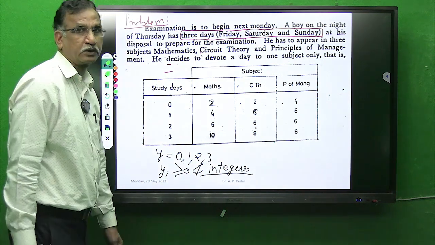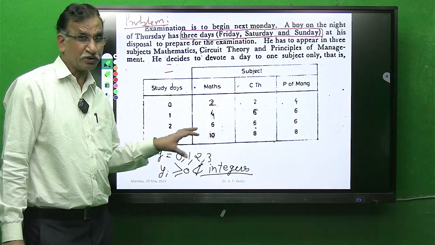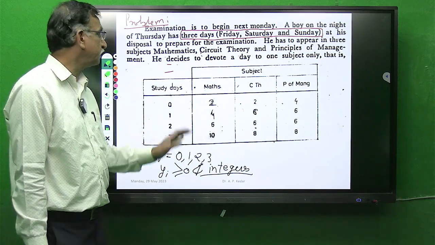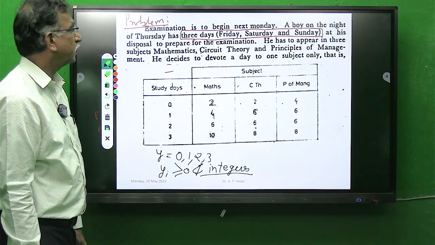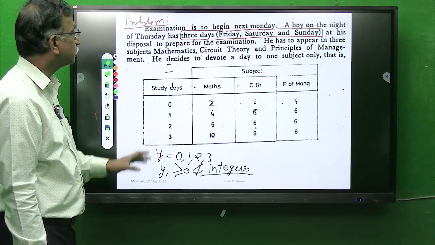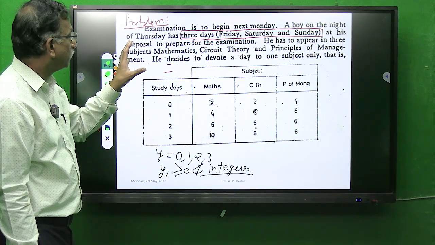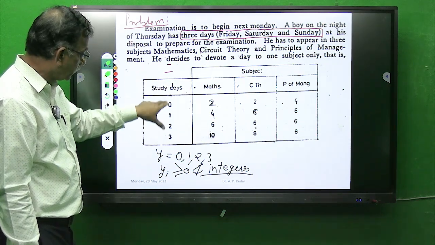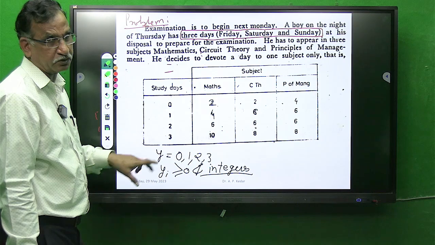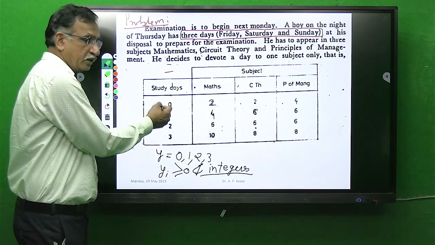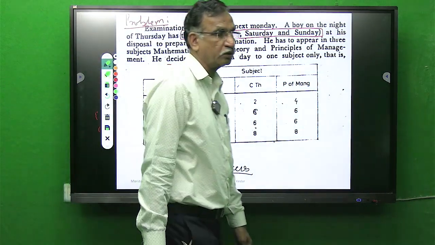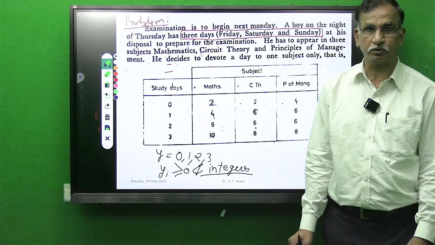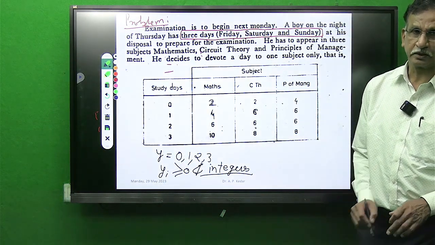It is not mentioned in the problem, but the condition is given that he has to appear in the 3 subjects and prepare for the subject in this fashion. Study days are given in integers, not 0.5, 1.5, 2.5 like that.